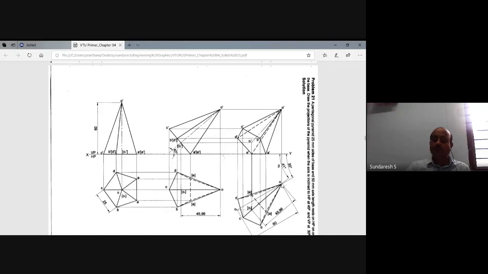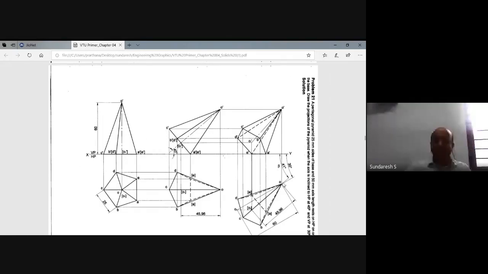Okay. Now take the actual length of the axis. The actual length of the axis you can measure from the initial position front view, which is equal to 60 millimeter. So take a compass to measure the actual length of the axis O dash and O1 dash from the initial position front view.